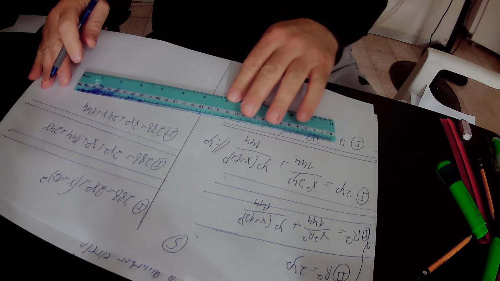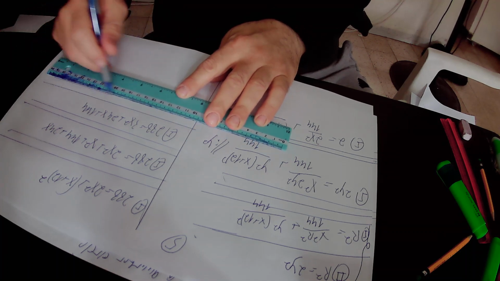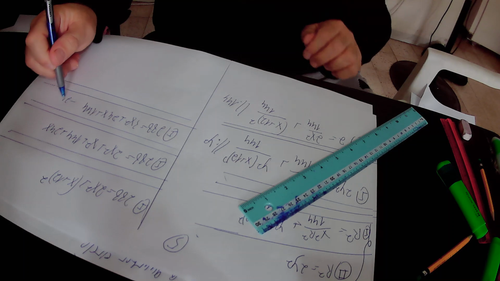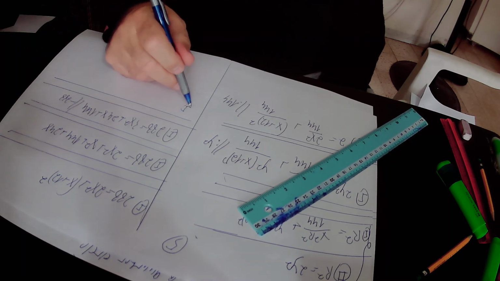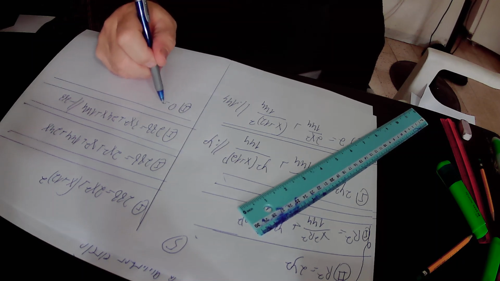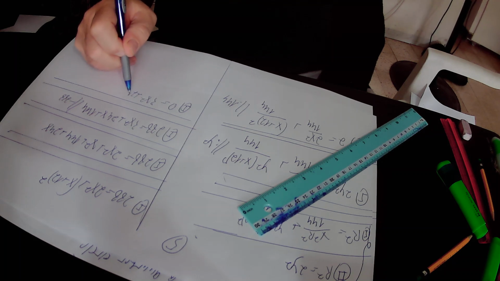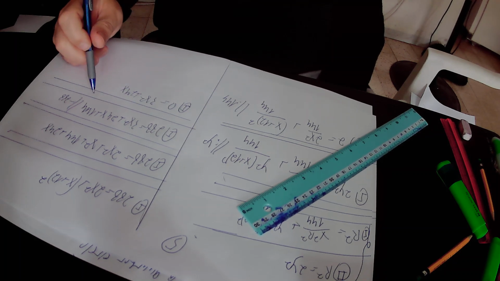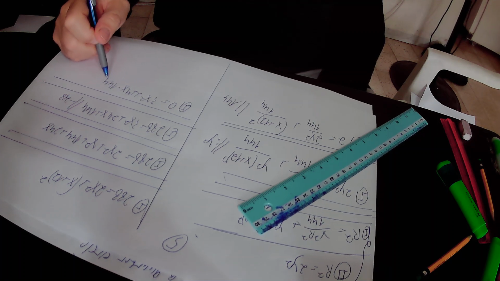So here we subtract 288 from equation 1, and we get that 288 minus 288 is 0, and it equals 3x squared plus 24x. 144 minus 288 is minus 144.